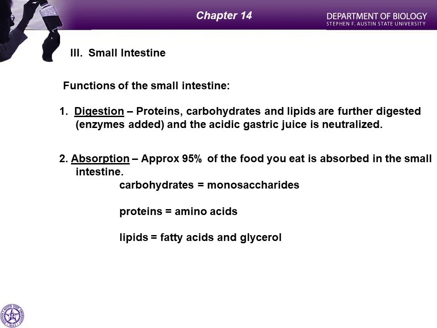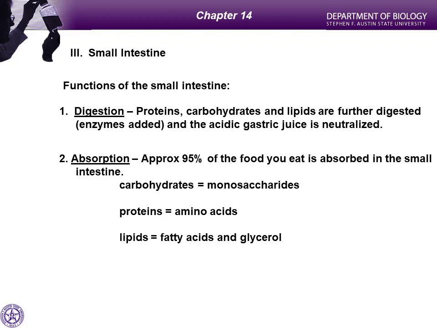Now the small intestine, and really intestines in general, remember, this is the word that I want you to remember and associate with intestines: absorption. Now, for your food and your nutrients, 95% of that material is going to get absorbed in the small intestine.